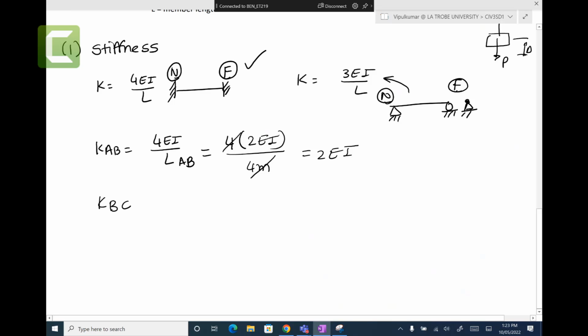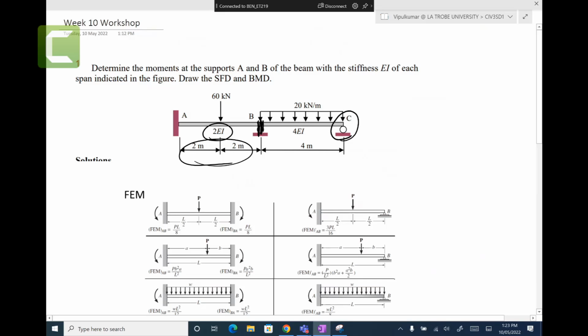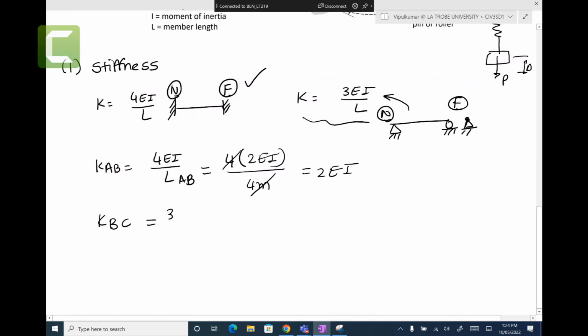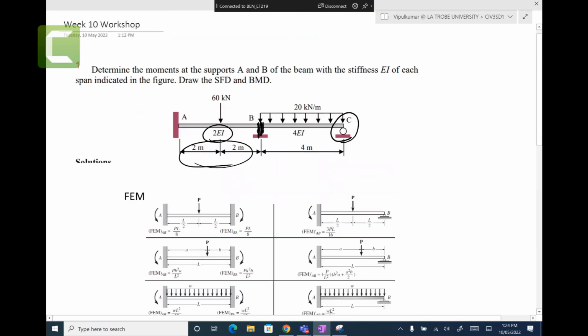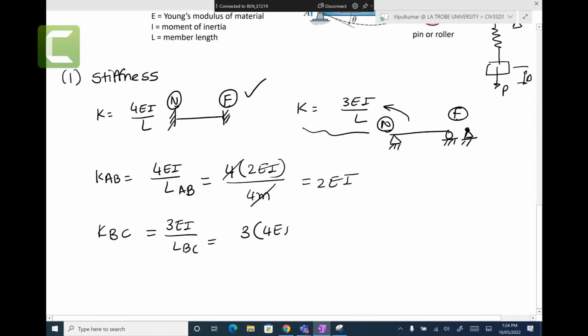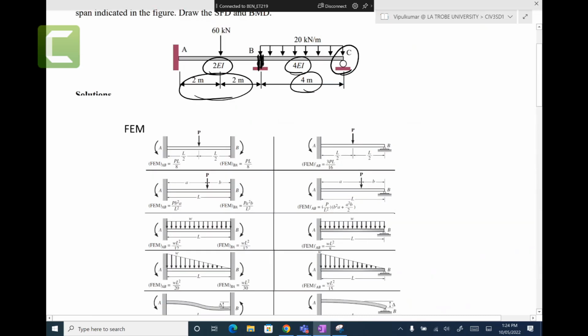Now KBC. In KBC, the far end C is a roller. So in that case, we can use the second equation, which is 3EI on LBC. 3EI is 4EI on length of BC, which is 4 meters.